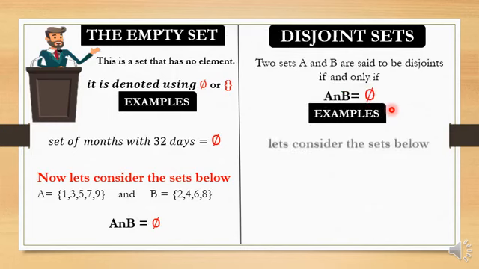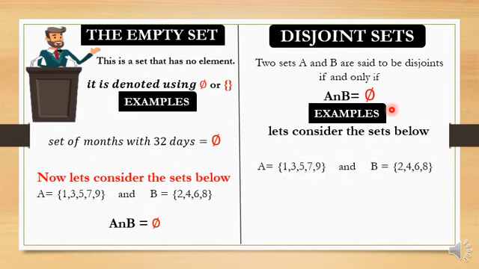Now let's look at an example. Let's consider the sets below, set A and set B. Now we know that A intersection B means elements that are found in set A and are also found in set B. But when you check, 1 is here, is not here; 3 is here, is not here; 2 is here, is not here.